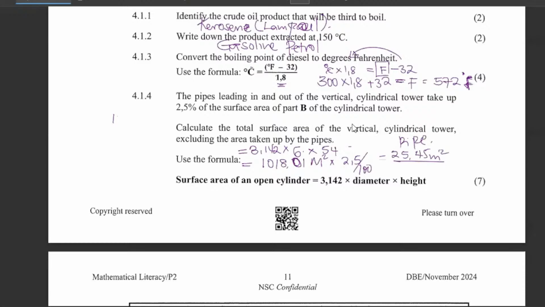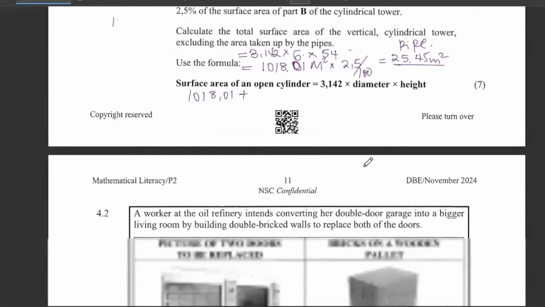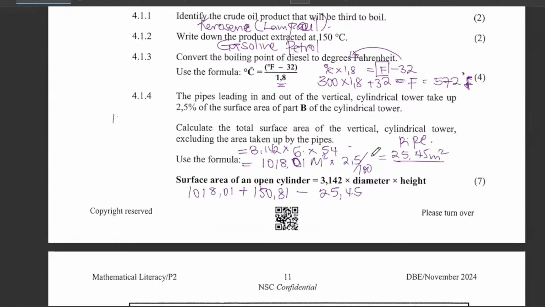So the final answer is going to be 1018.01 plus the area of A and C, which is 150.81, minus 25.5.